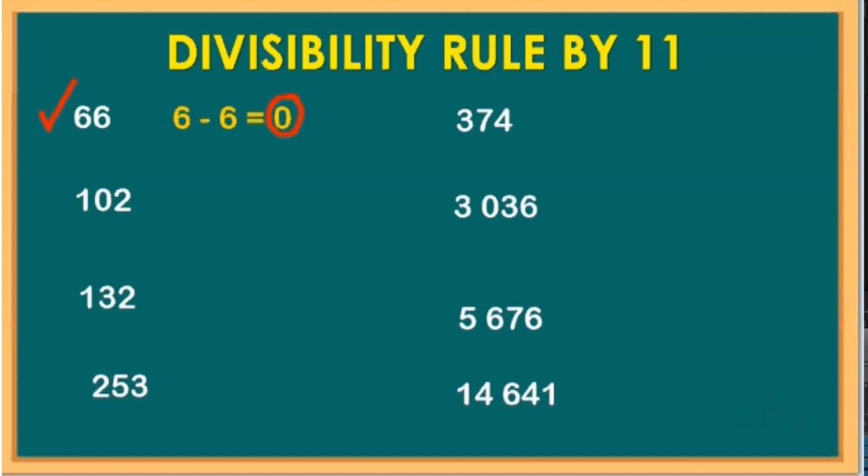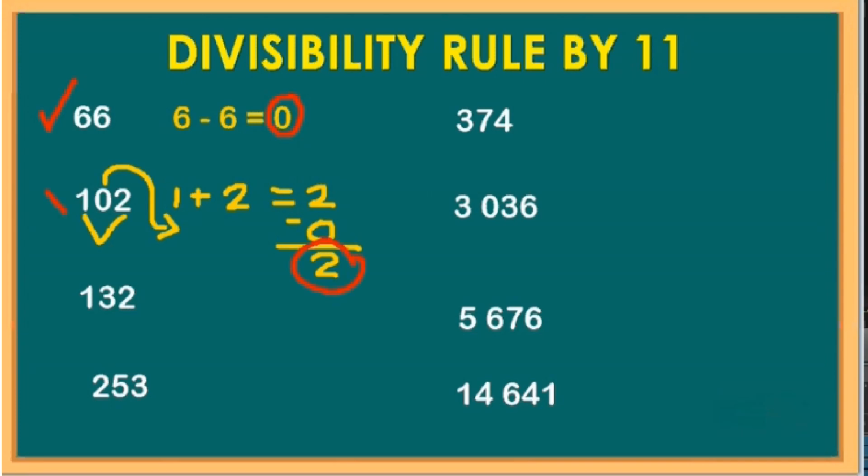Let us proceed to 102. 1 plus 2, alternating digits. So 1 plus 2 is 3. Then subtract the middle digit 0. 3 minus 0 is 3. So 102 is not divisible by 11.